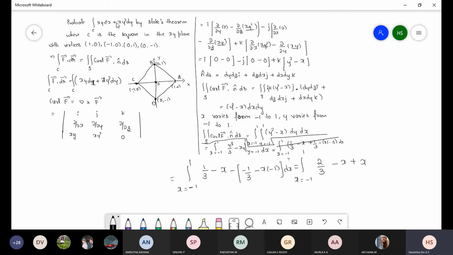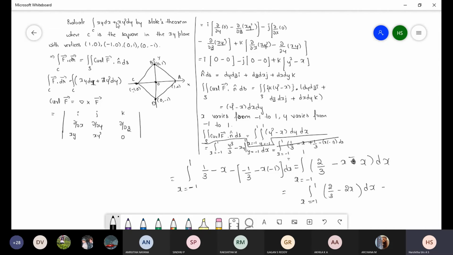So 1 by 3 plus 1 by 3, 2 by 3 minus x, again minus x into dx. So here integral -1 to 1, 2 by 3 minus 2x into dx.